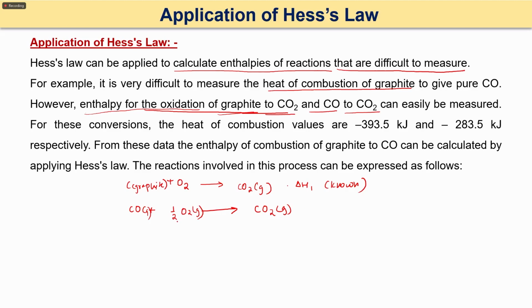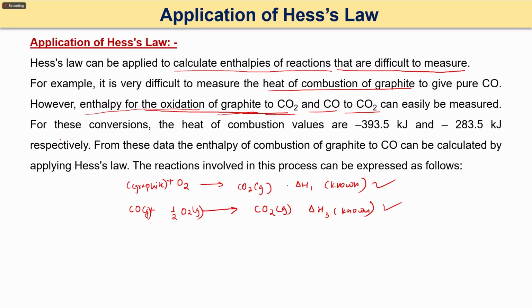The enthalpy of this reaction is also known, let's say delta H3. If we know the enthalpy of this reaction, then Hess's law says that we can easily calculate the heat of combustion of graphite using this equation.